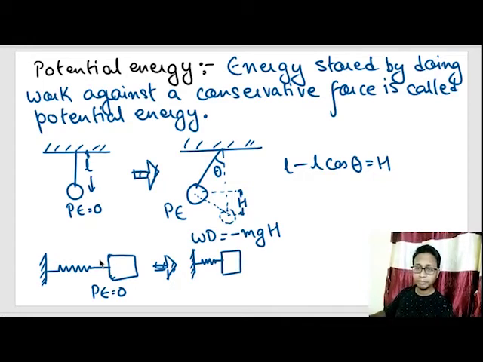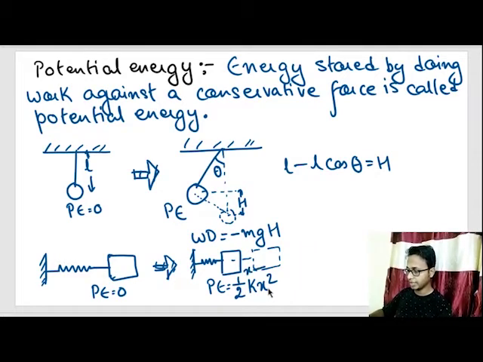So when the spring got compressed, some amount of energy got stored in the spring, which will be later used to do work. And the amount of energy that got stored into the spring is given by half kx square. So how am I getting this value of mgh or half kx square? This will be shown in the next slide. Where x is the compression of spring.